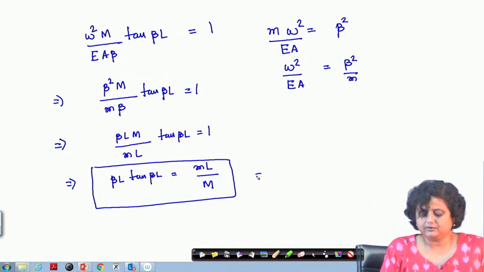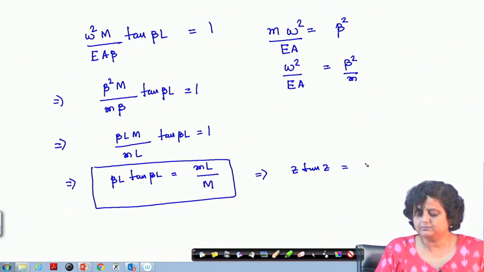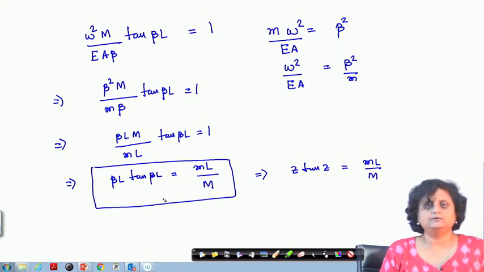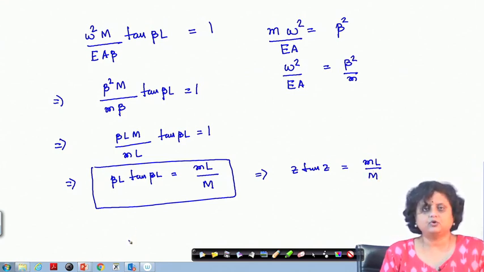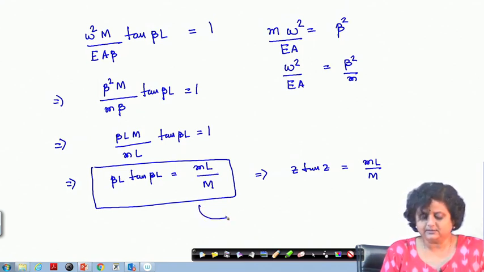So, this is of the form z into tan z is equal to some constant which is small m L by capital M. So, this expression can be solved numerically given the value of small m, capital M and L, and the solution is going to give beta.